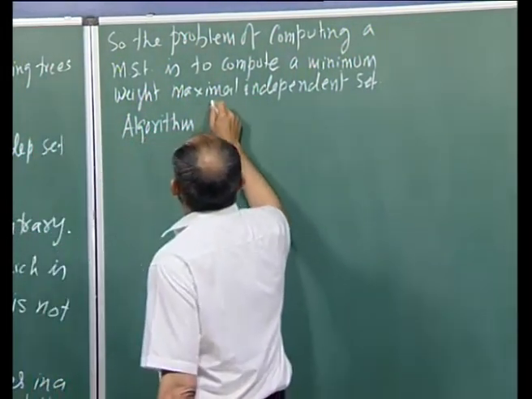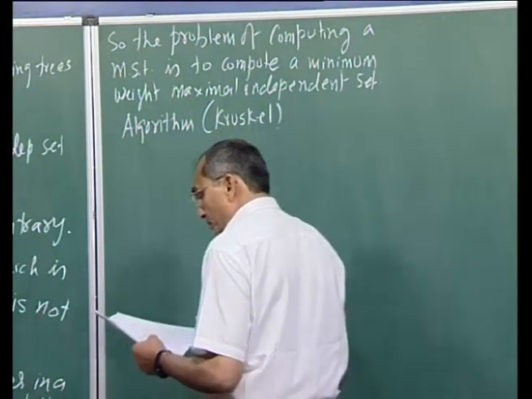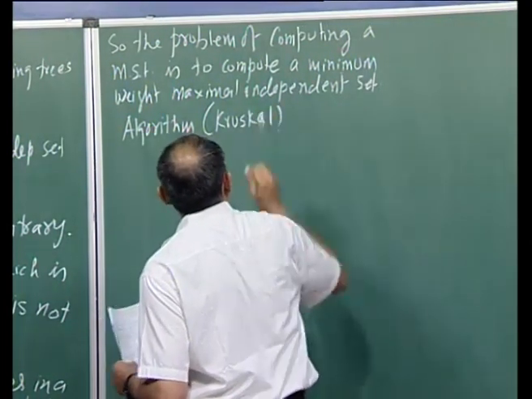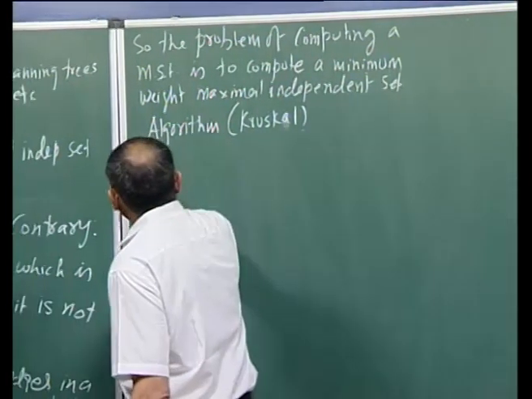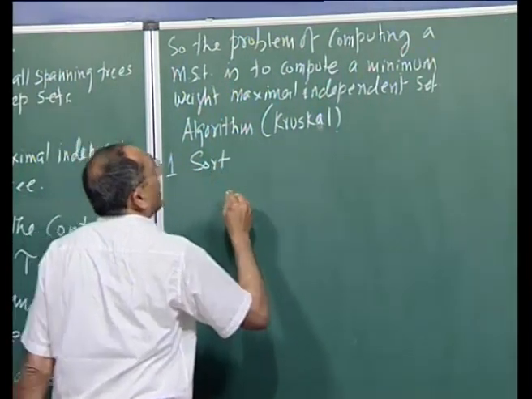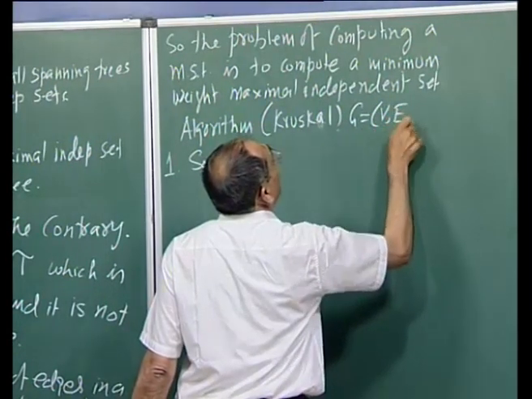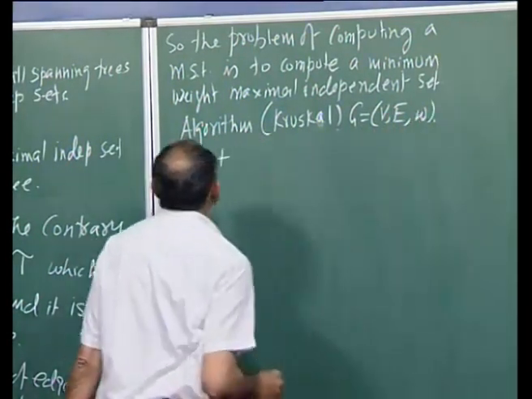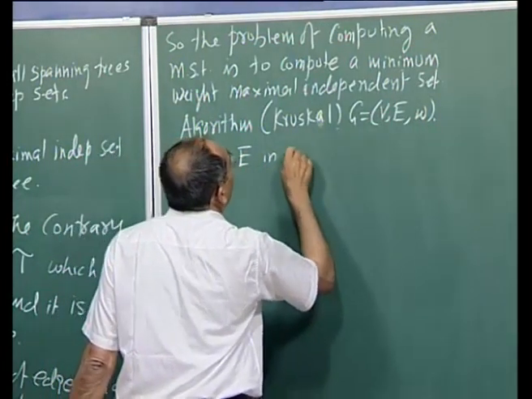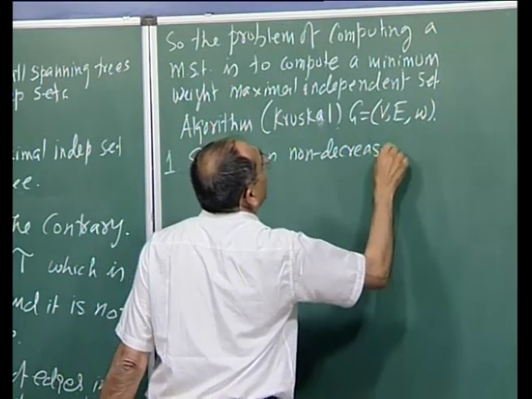And this algorithm is due to Kruskal. So first step is sort. Our given graph is G equal to V, E, and weight W. Sort E in non-decreasing order.